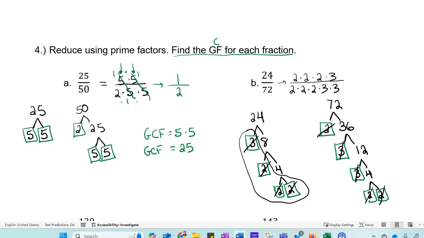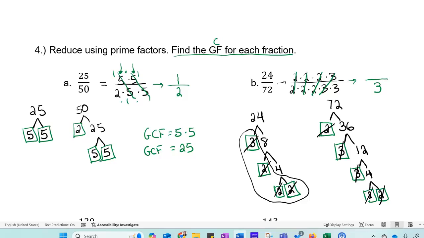So now I'm ready to cancel. And again, I cancel anything that's the same or common between the numerator and the denominator. Okay, so those 2s, those 2s, those 2s, and those 3s all cancel. So what I'm left with is an empty numerator and a 3 in the denominator.